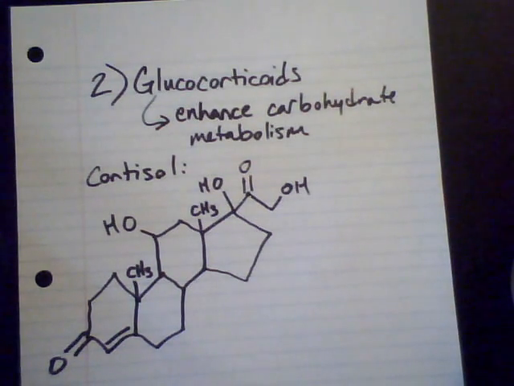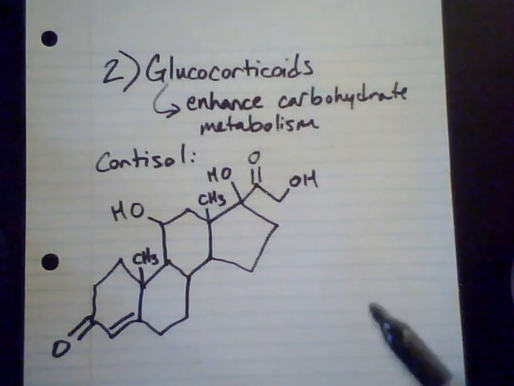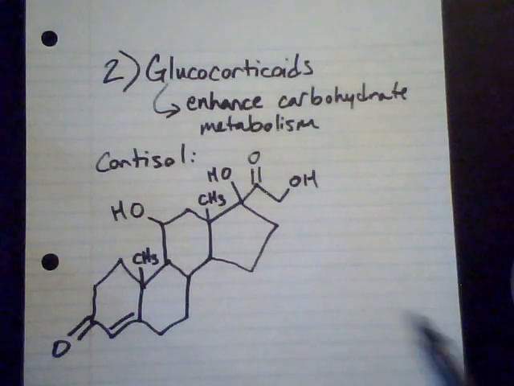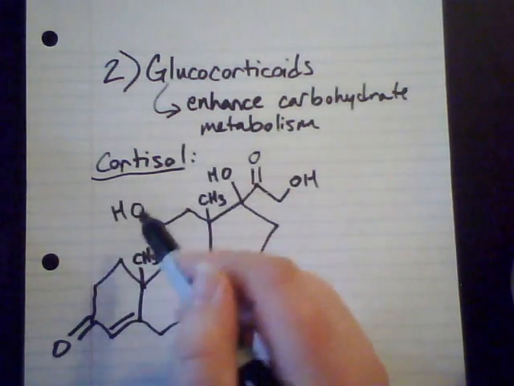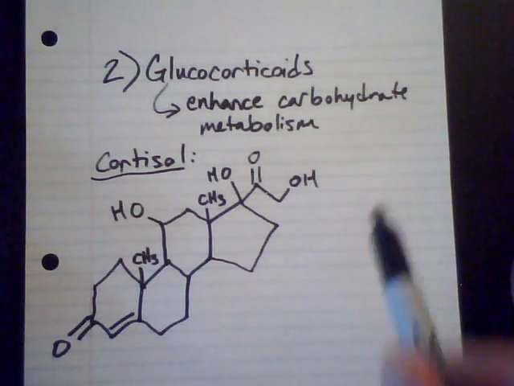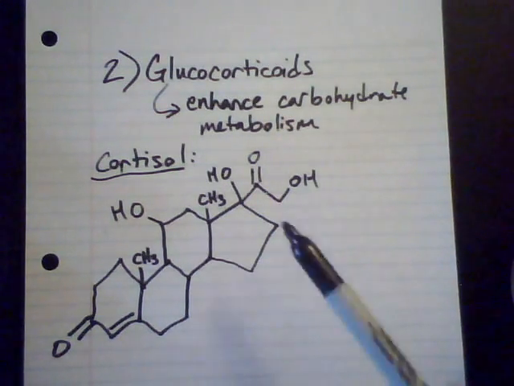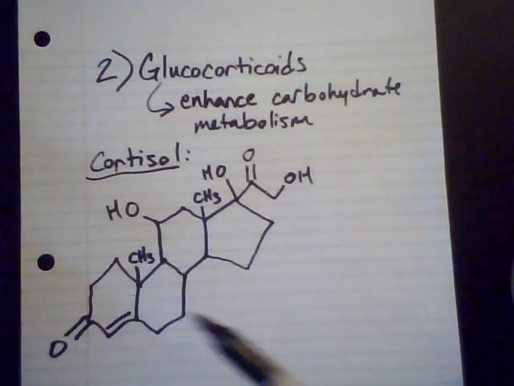So the mineralocorticoids all look very similar to each other because they're produced in the same area. So the cortisol here, the reason that we're focusing on the alcohol groups is we have two of them. Here's two alcohol groups, and then there's this third that's in the other. So there's three alcohol groups, there's two ketones, and we have some methyl groups hanging off the ends as well.